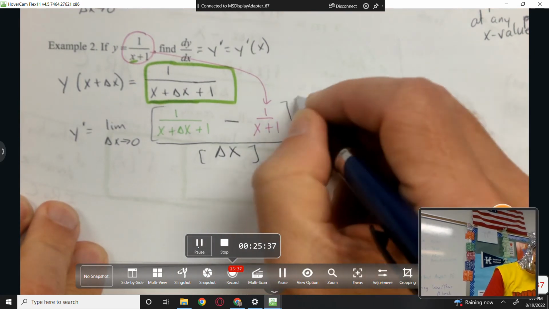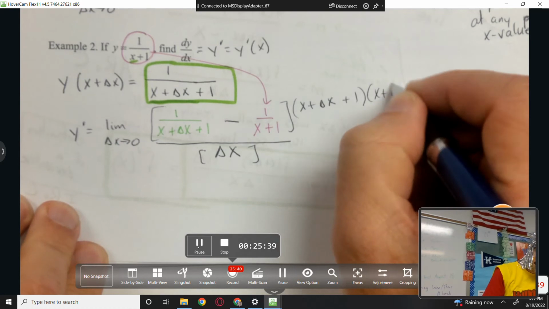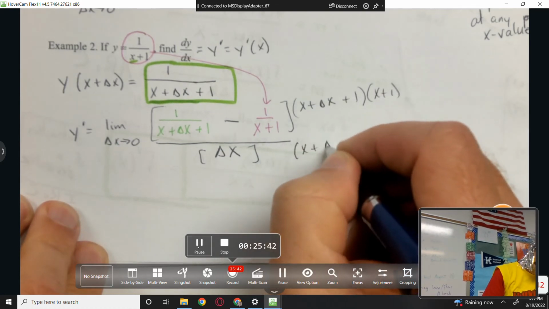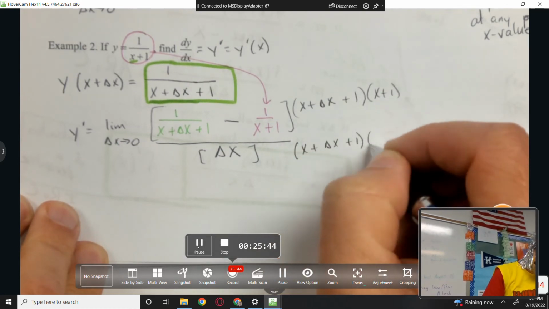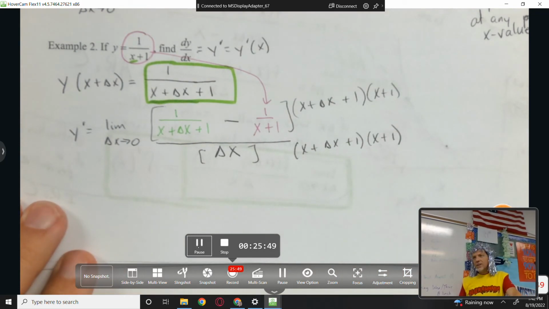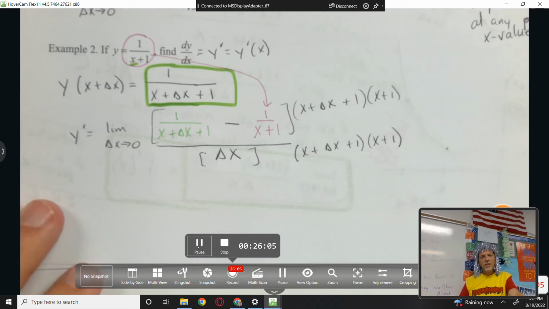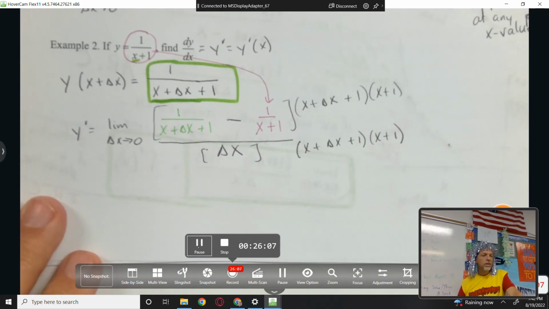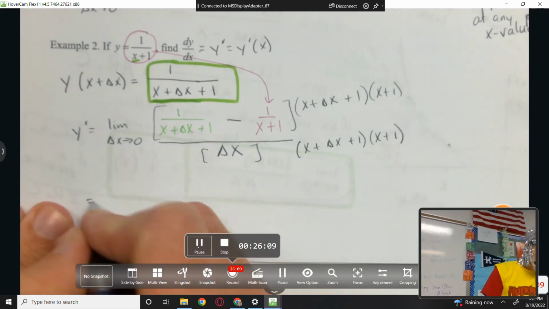It's ugly, but it's really not that bad, because in the denominator we just leave all that stuff there and hope something cancels out. In the numerator, we're going to have to distribute and see what cancels, and we'll have to do a little work. But the whole point was to make the denominators go away. So the top looks bad, but it's going to turn out to be pretty simple. Easy for me to say, I guess.